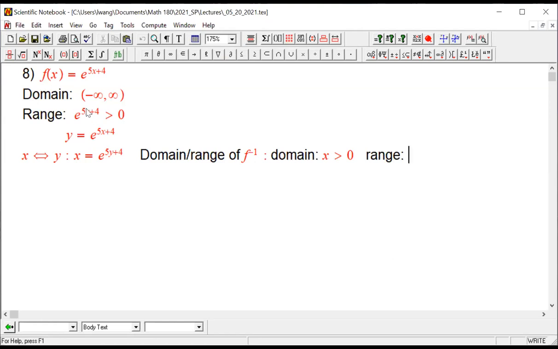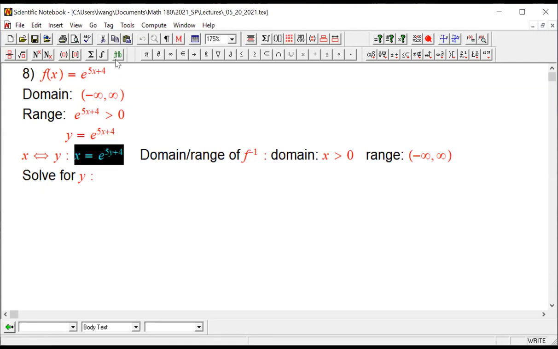The range would be whatever was in the domain, all real numbers. So the domain and range are determined at this point for the inverse function, and then we're solving for y. This step is very, very important to understand.